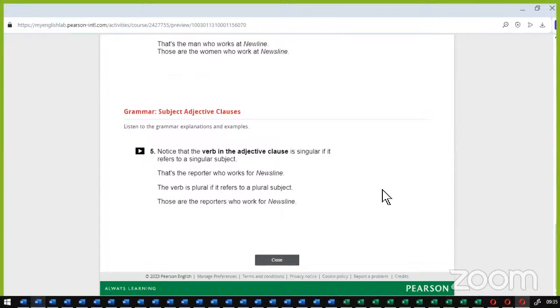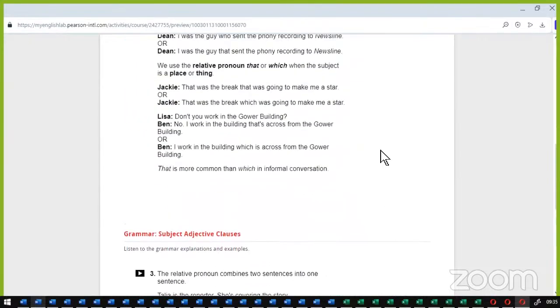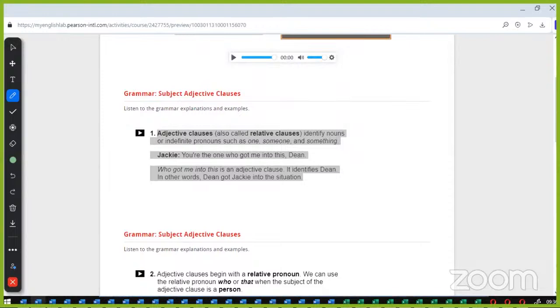Great. Okay, so let's begin with this. Adjective clauses, also called relative clauses, basically identify the noun or pronoun, such as one, someone, or something.